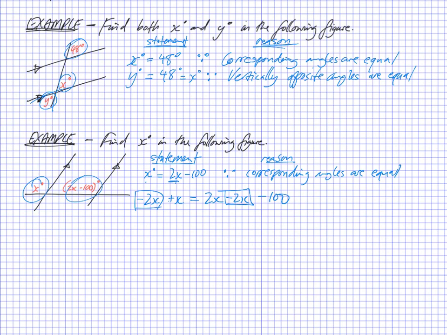If I've got negative 2x and add an x to it, I'm going to have negative 1x. And 2x take 2x is going to be 0, so I'm left with negative 100 on the right-hand side. If negative x is equal to negative 100, that's the same as saying that x is equal to 100. So x is equal to 100 degrees.